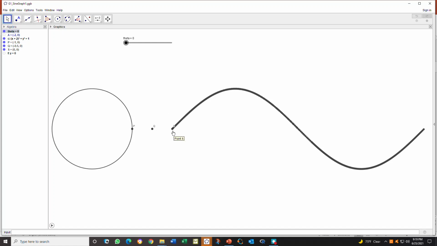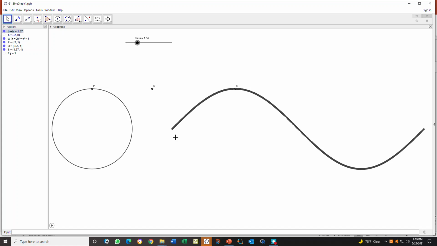Over here, theta is 0, and therefore this X value is also 0. As I move this to here, that is about pi over 2, and 1.57 is pi over 2, and X value is pi over 2. Right?